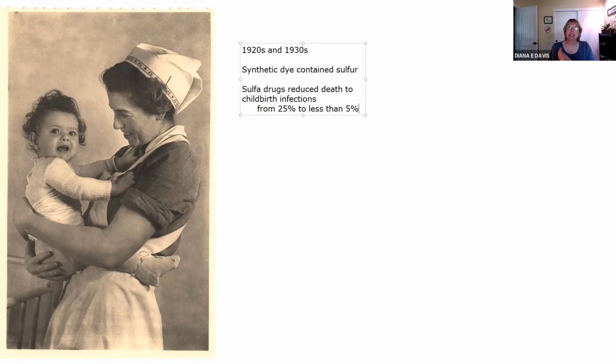So when we looked at that graph and saw sulfa drugs and a huge drop-off in mortality rate, this is what they were treating.